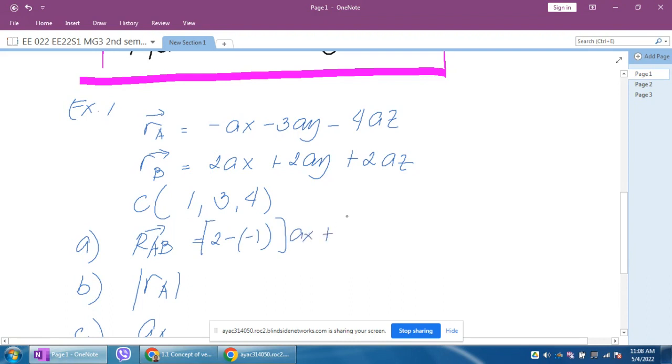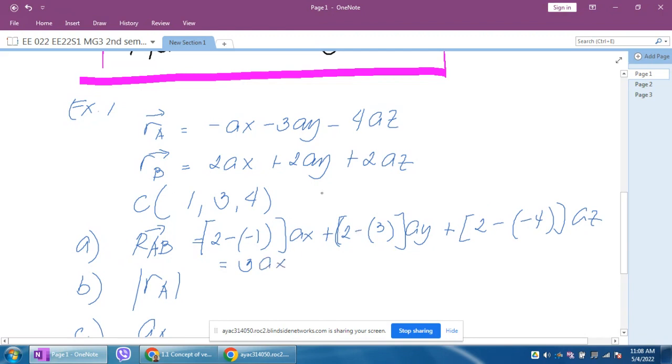Okay. Plus, I have 2 minus 3 AY plus I have 2 minus 4 AZ. So, this will give me a value equal to 3. So minus becomes plus. So that's positive 3AX.